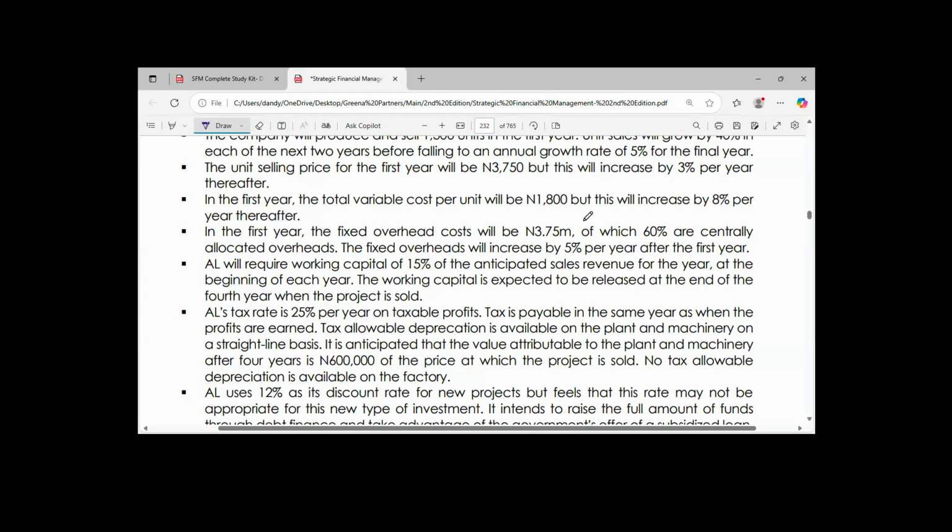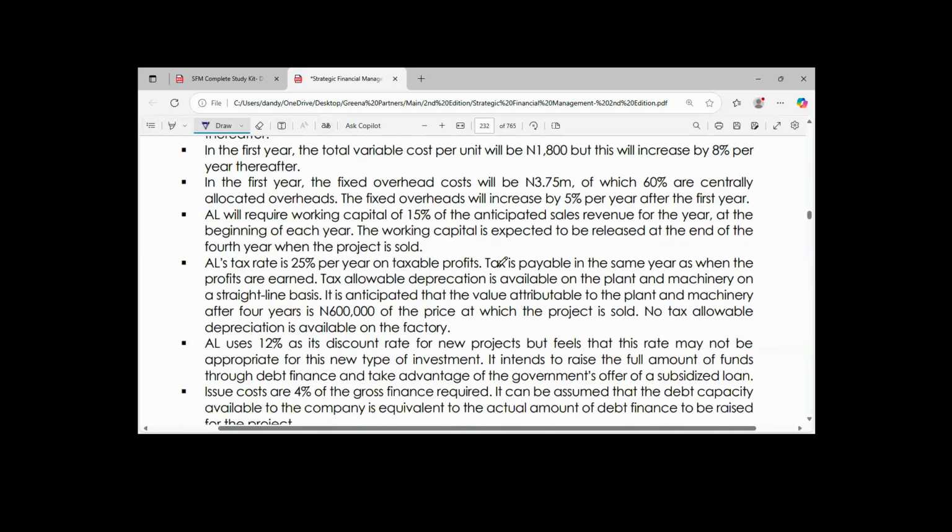Tax allowable depreciation is available on the plant and machinery on a straight-line basis. It is anticipated that the value attributable to the plant and machinery after 4 years is 600,000 naira of the price at which the project is sold. No tax allowable depreciation is available on the factory.